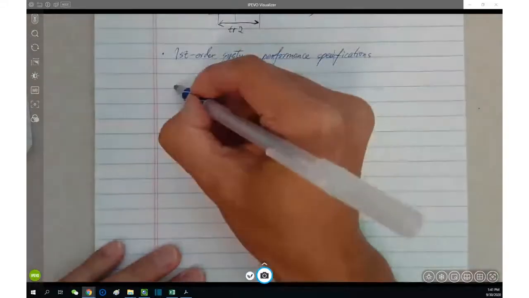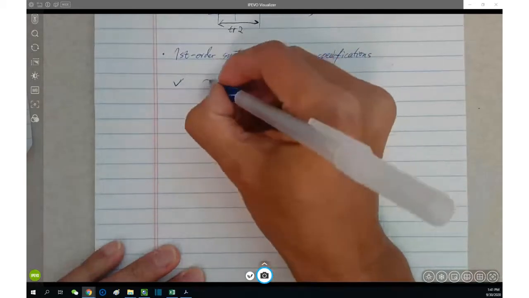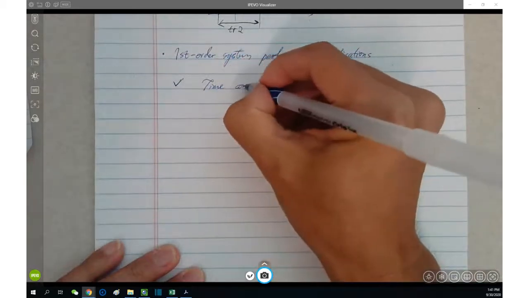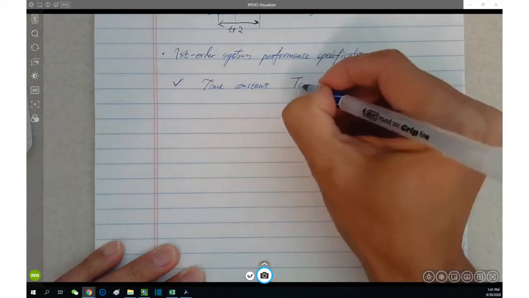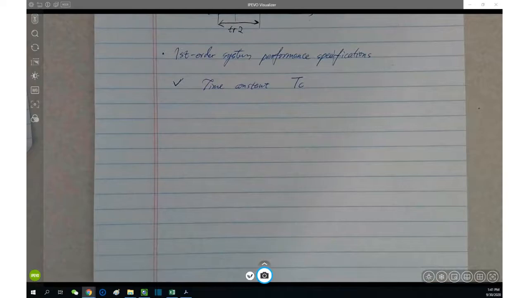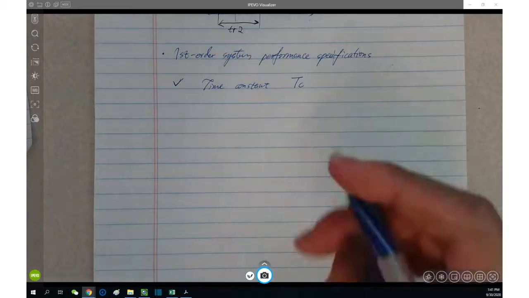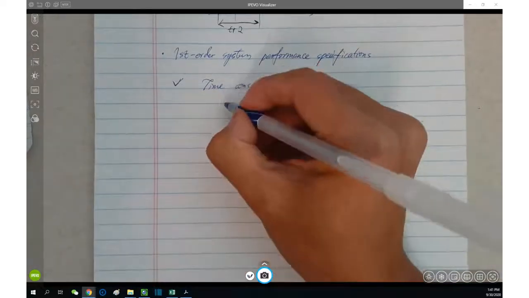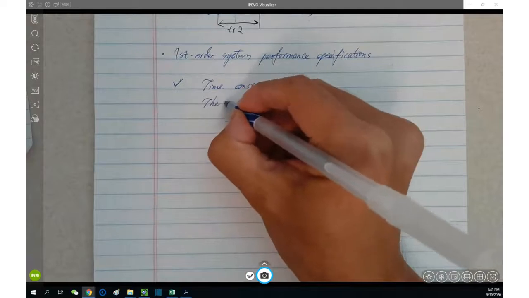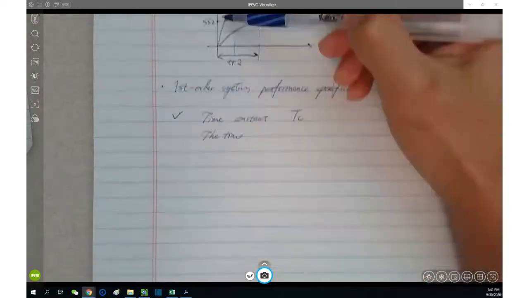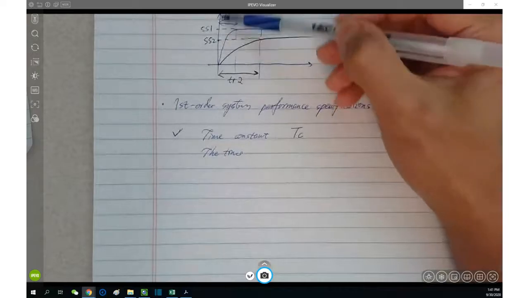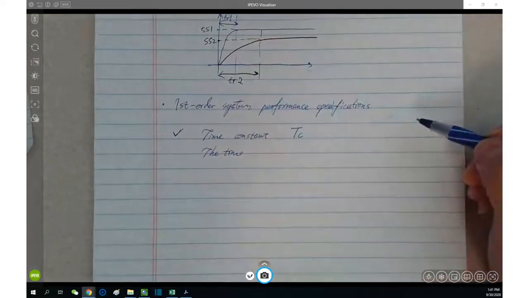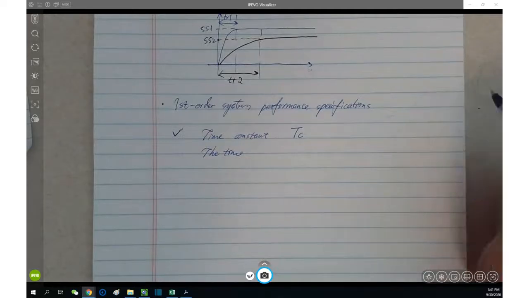The first one we need to learn is called time constant, defined as letter T sub C. I believe many of you already have some experience or at least heard of it before. And let's see, what does it mean by time constant? The time constant means the time. It's obviously not a y-axis value, but an x-axis value, because we are talking about time.